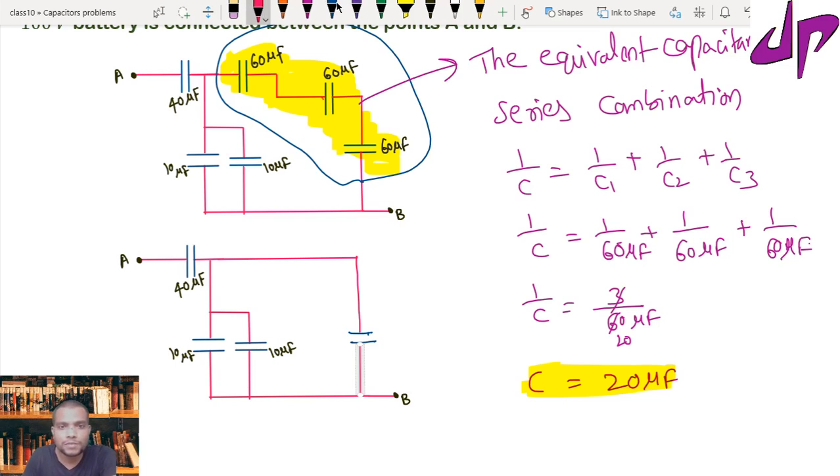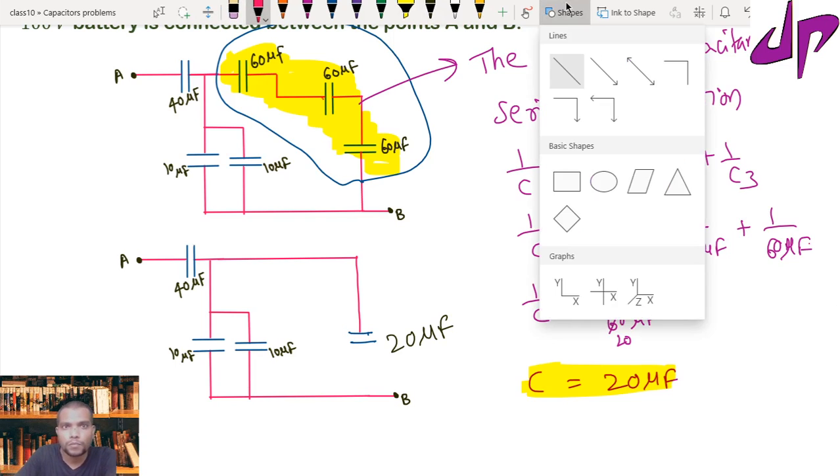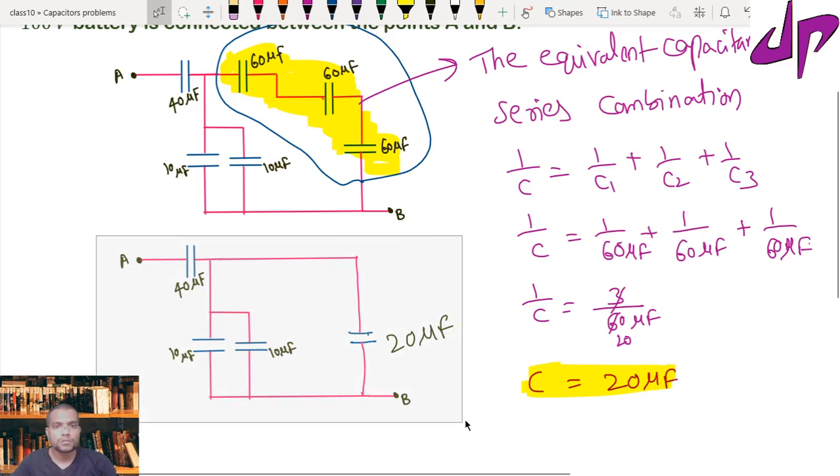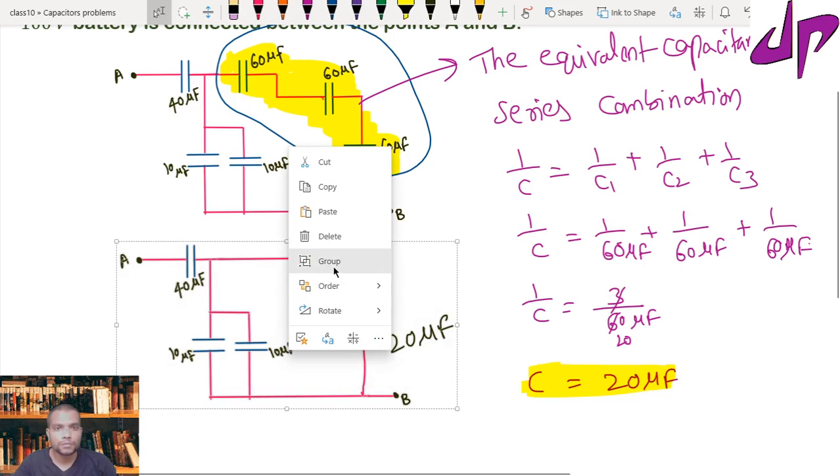The capacitance value here I got is 20 microfarad. Now this becomes my new combination.